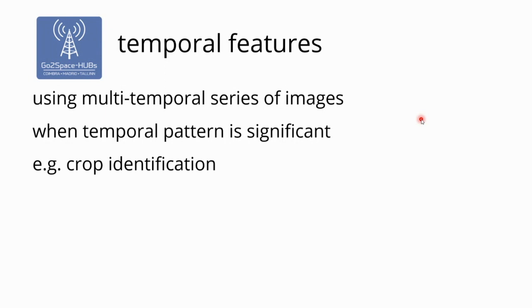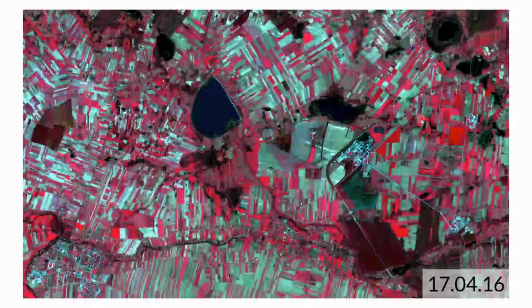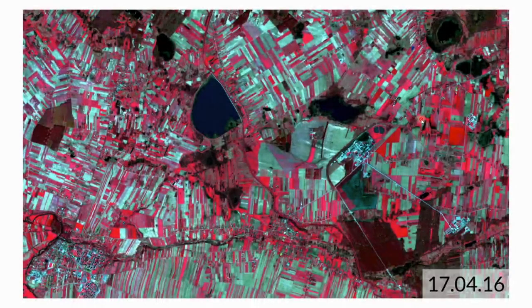Actually, that's the only way to identify crops, for example, because when we look at the image only on one date, different crops, different species might look the same, but this is how they behave throughout the whole season that's different. So for that we need very high temporal resolution. We will talk about it in a few minutes.